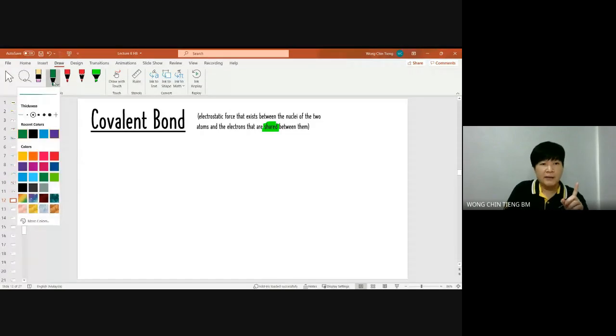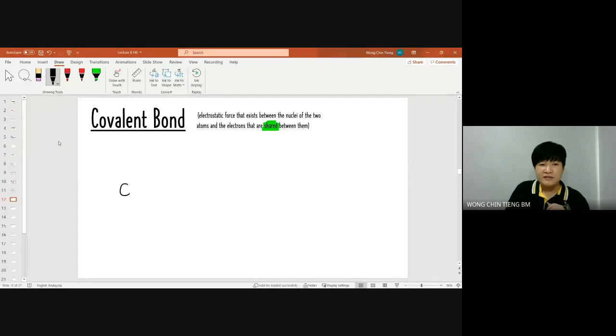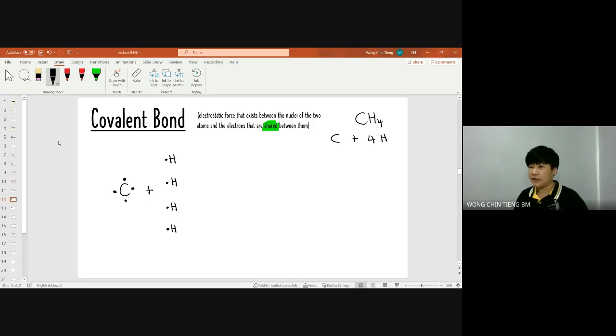Saya nak buat covalent yang paling senang dulu dalam dunia, CH4. So it's carbon plus 4 hydrogen. So carbon, 4 valence electron. Okay? Hydrogen, 1 valence electron each. So saya ada 4 hydrogen.